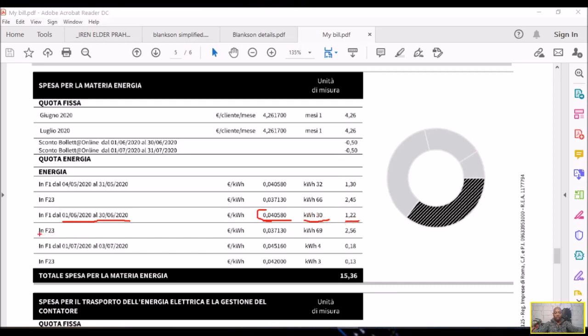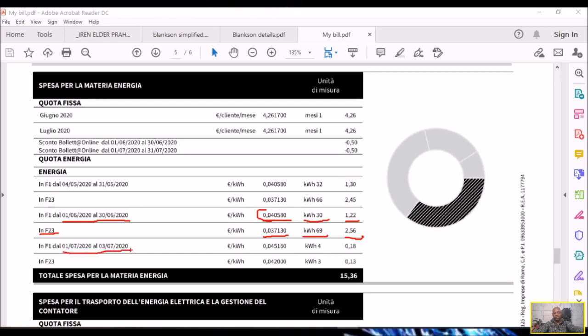The same way in F2 and F3, the price you are paying per kilowatt times the number of kilowatts you consumed within that period. If you do the calculation, you will find out that the total is €2.56.